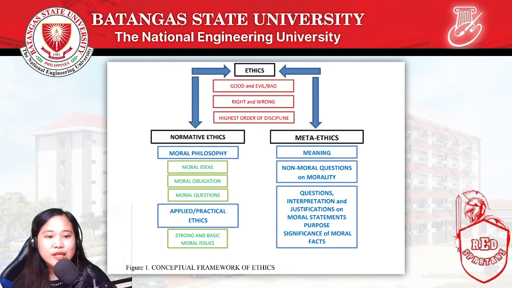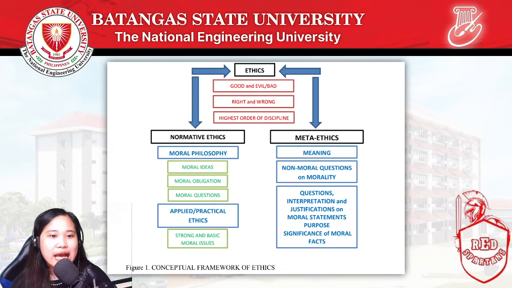Okay. So as you can see, meta-ethics relies on meaning. Madalas siya ay science-based. More on facts. Kapag naman normative ethics, based on moral philosophy. Sometimes doon nagkakaiba. Kasi sometimes morally good sa kanya, sa iyo hindi. Okay?